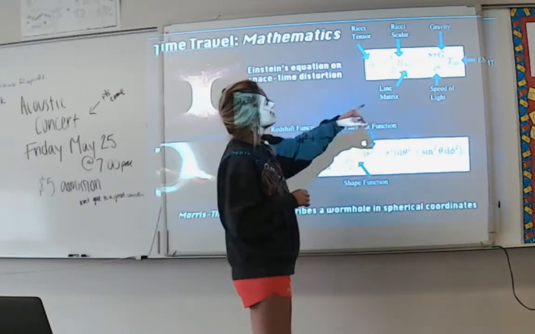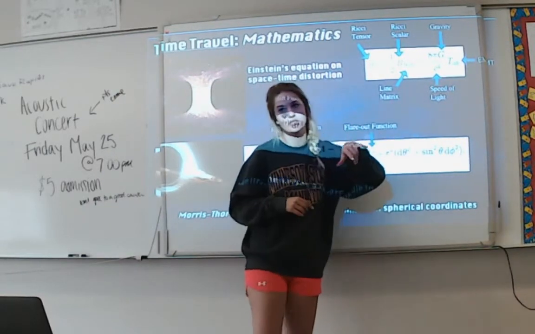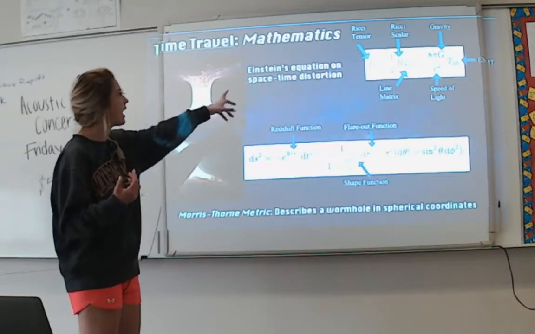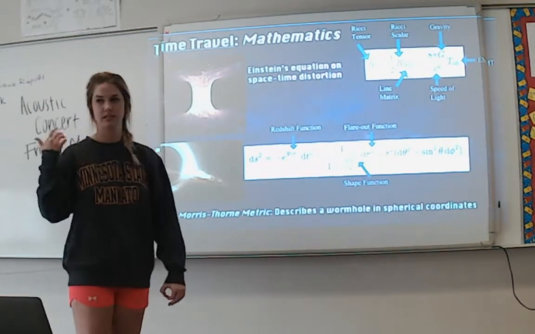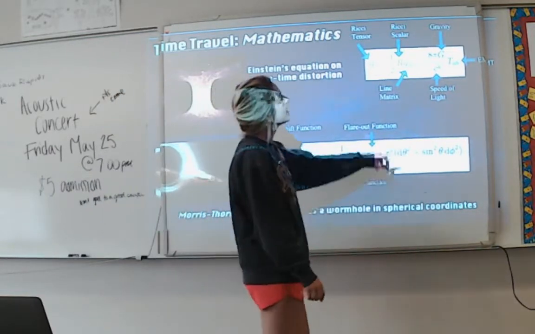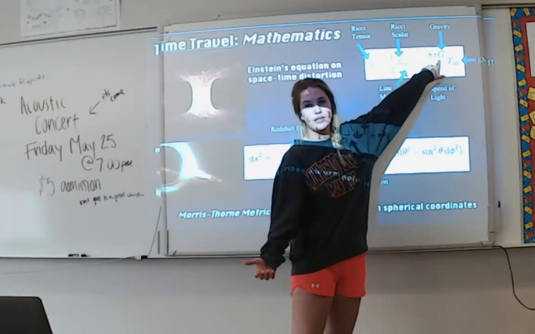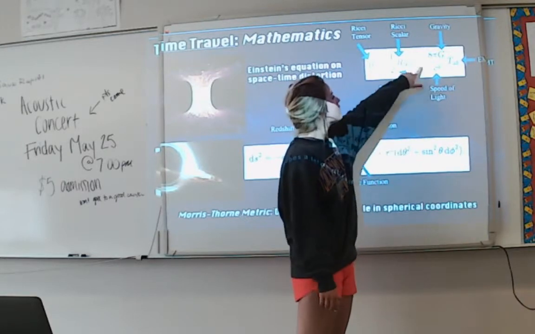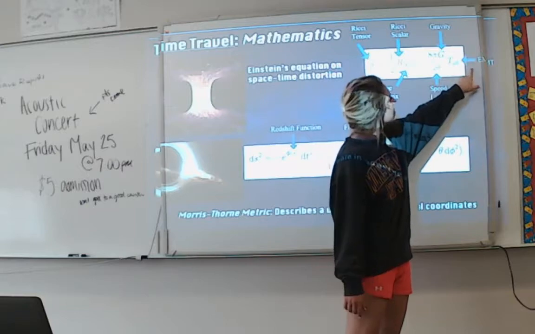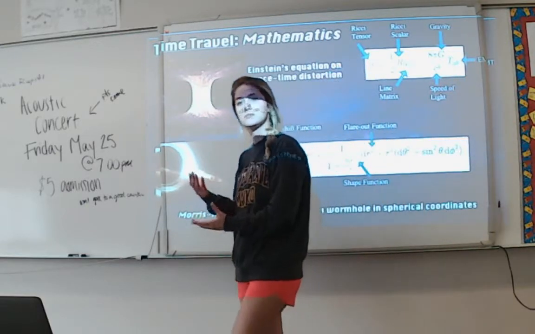And then G with base AB is the line matrix, so that's the linear factor of it. That's why Einstein's look on it was so groundbreaking. And then on this side, G is the constant of gravity, so 9.8. C is the speed of light, and it's cut off here, but T to the AB is the EMT, or the energy momentum tensor.